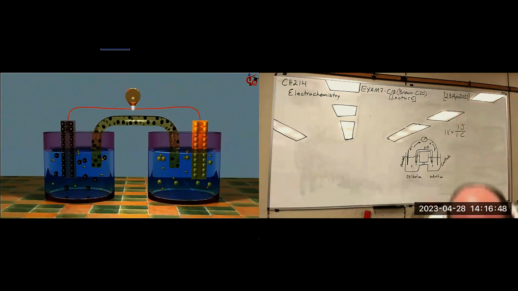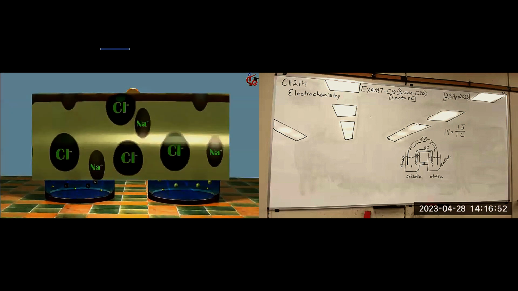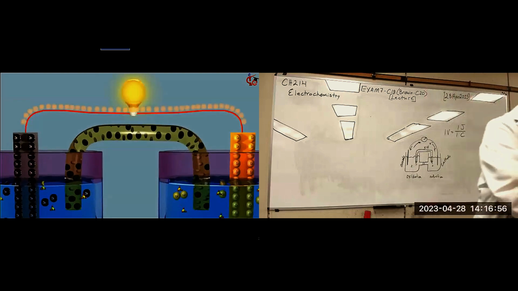The two solutions are connected by a porous sodium chloride salt bridge that prevents the two solutions from mixing but allows ions to migrate. Attaching a cell shows that electrons flow from zinc to copper.